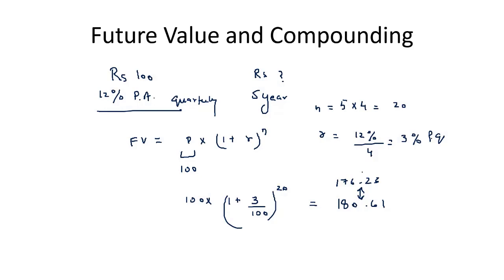So as we have seen, your 100 rupees became 176 if paid annually, and the same thing increased to 180.6 when the interest was paid quarterly. Primarily because as the frequency of payment of interest increases, you are getting more money to be invested, and that interest is earning more interest.